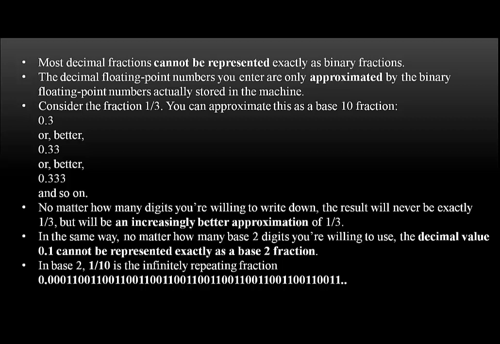So what does this mean? You are entering a number, for example, 1 by 10. Then how is it represented in binary? Do you see the very last part of the slide? You see there 0.00110011011, it goes on and on and on.